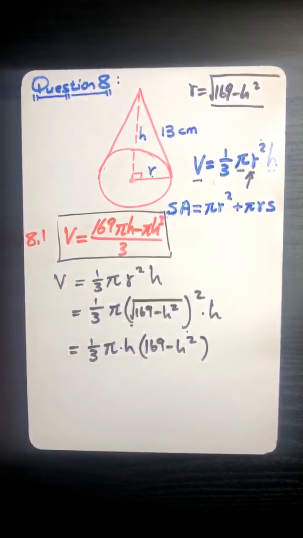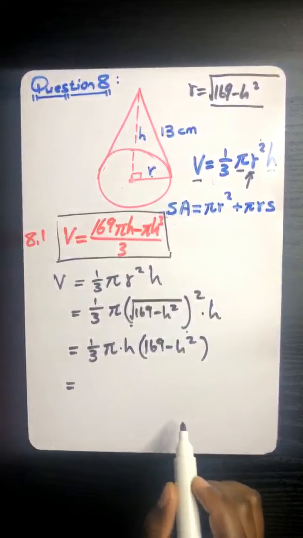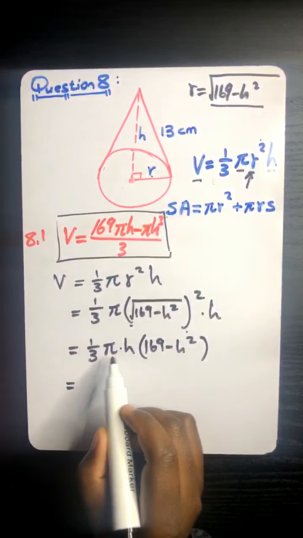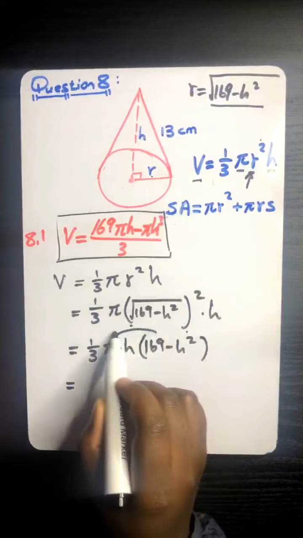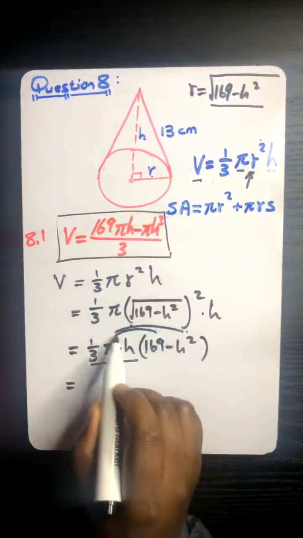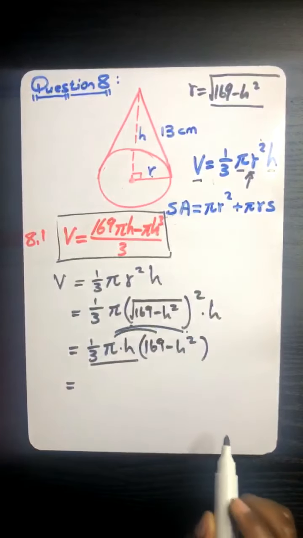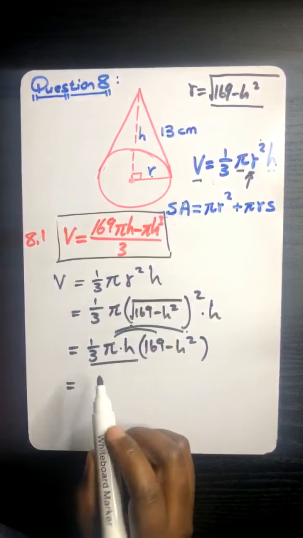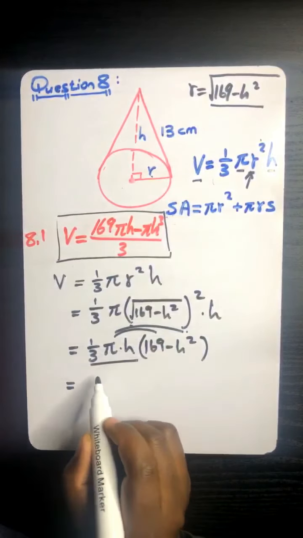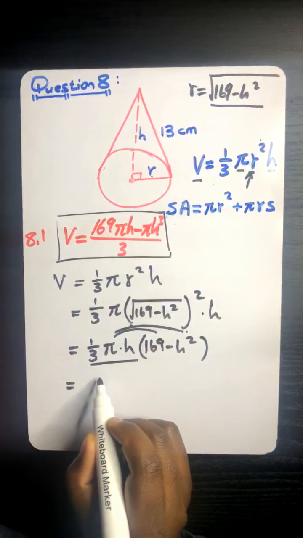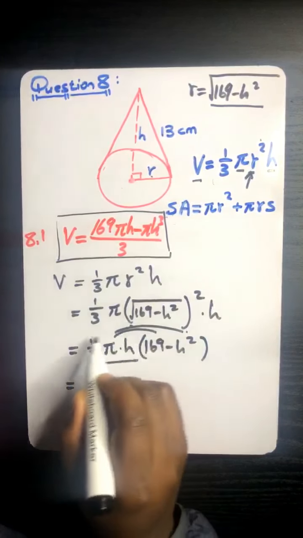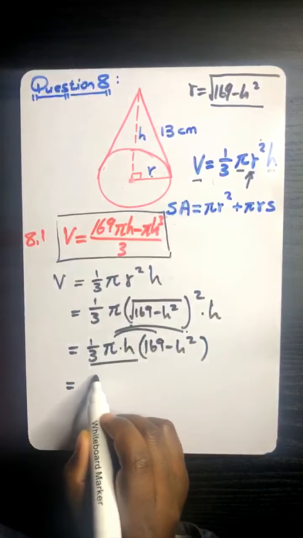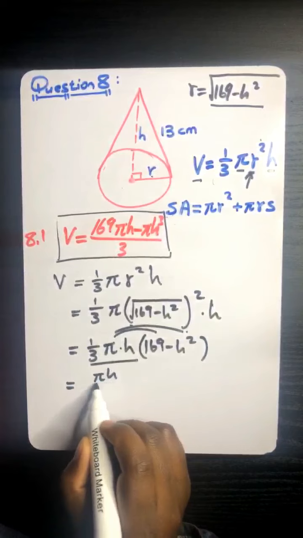Okay, 100%. So now, what do we do? Do you agree that we multiply that by that, that by that? Remember, all of this by that, all of this by that. So we actually end up having, remember guys, this thing in a simplified form is the same as pi h over 3.